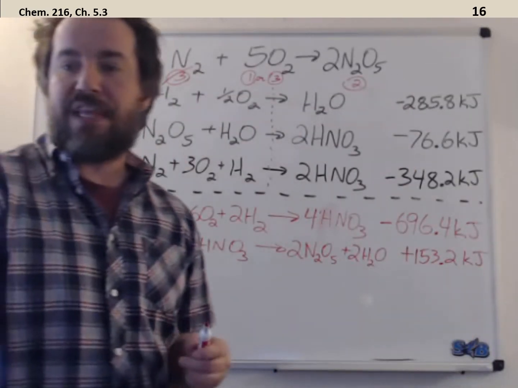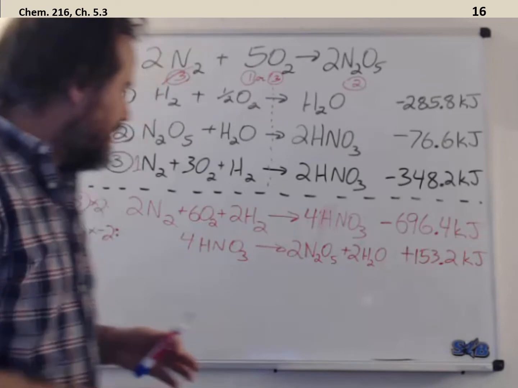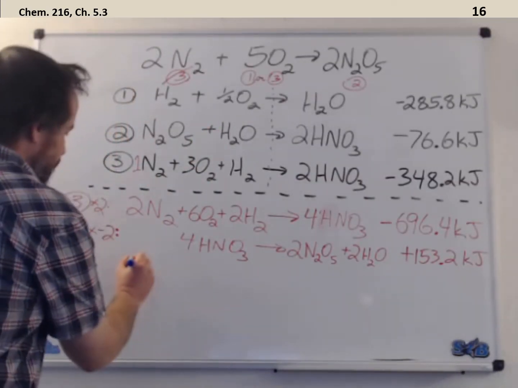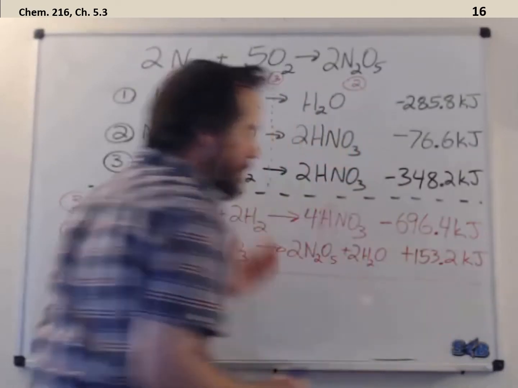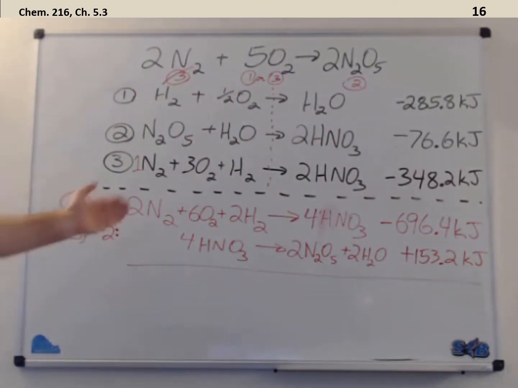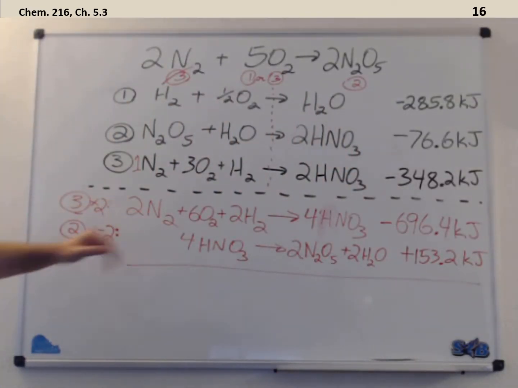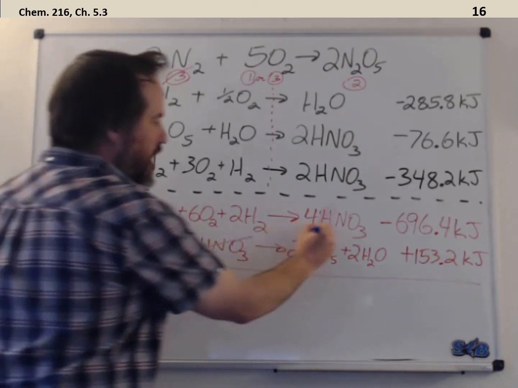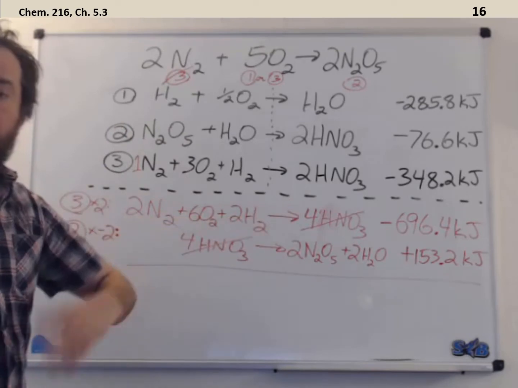Now at this point, sometimes you can tell what the next step is. I always say after each one, you should add them up. So I'm going to add these two up. Notice I have HNO3 here and HNO3 here, 4 and 4, so those cancel out.